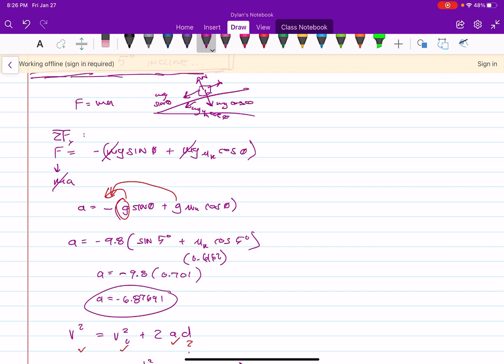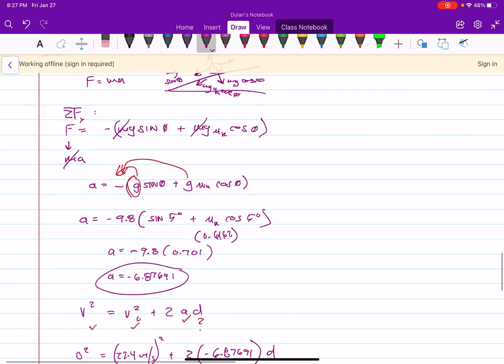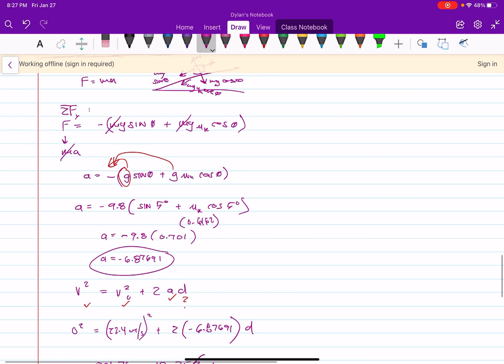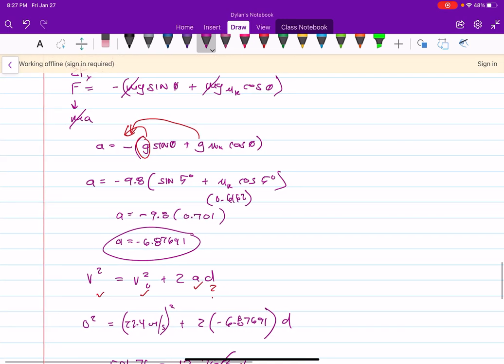So F equals ma. I know that my force is the sum of forces in the x direction, so that's there. And then I set that equal to F equals ma.